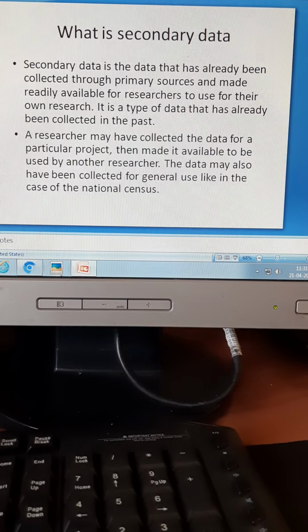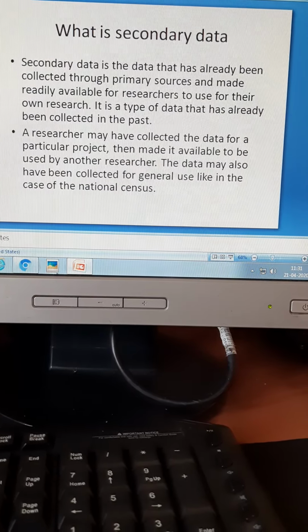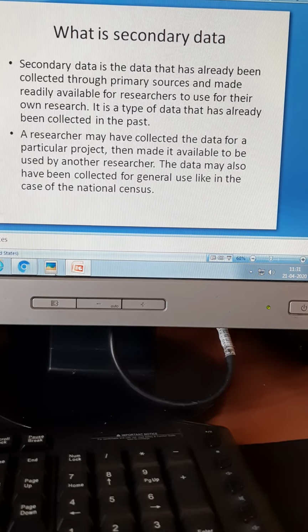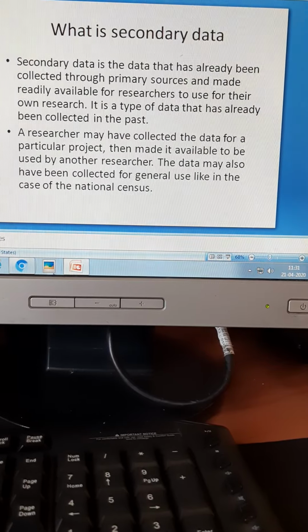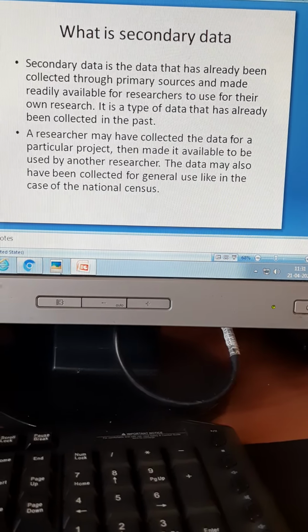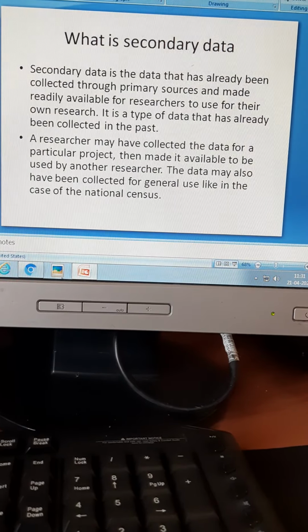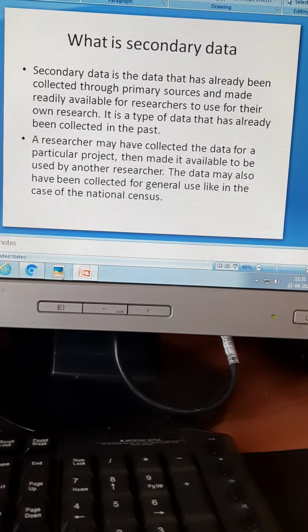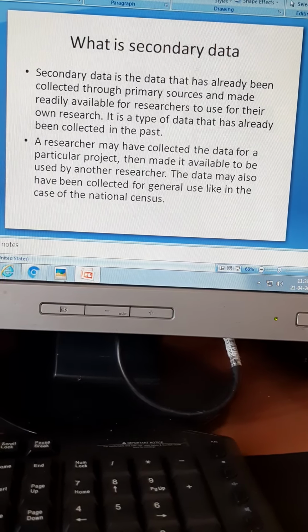So secondary data again is data that is collected by a particular individual or an organization. It can be a medical organization, or governments, or marketing agencies or consulting agencies. They do a lot of data collection for a variety of reasons.